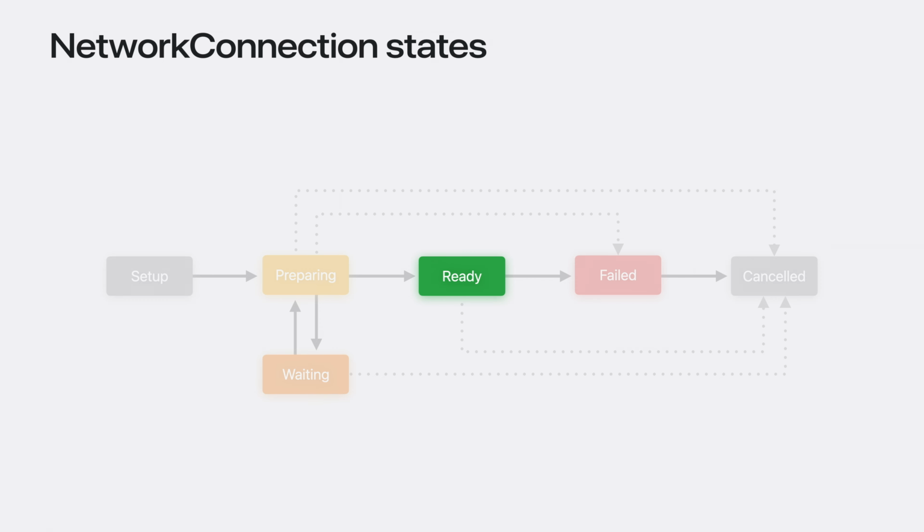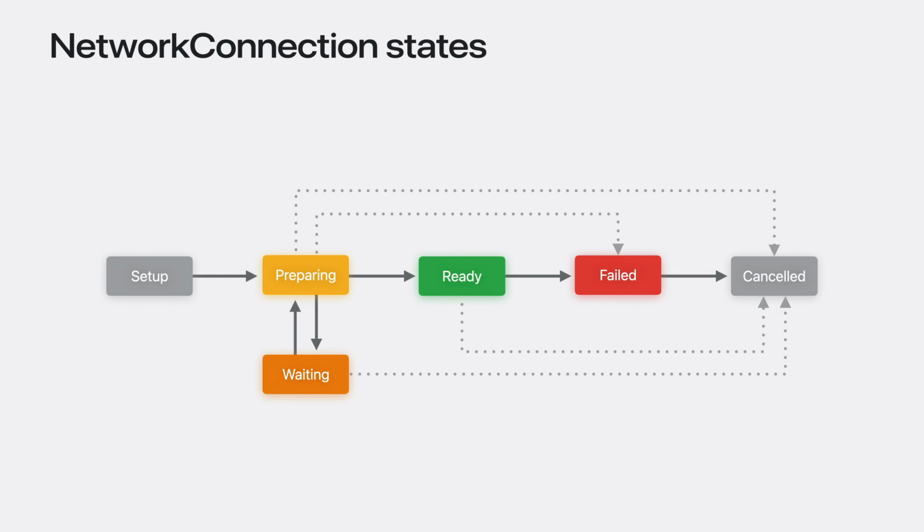Once your connection is in the ready state, if it encounters an error or connectivity is lost, it will transition to the failed state with an error to let you know what happened. Exiting or canceling the task associated with the connection will move it to the canceled state. The great thing about this is that you don't need to be aware of any of the connection states if you don't want to be.